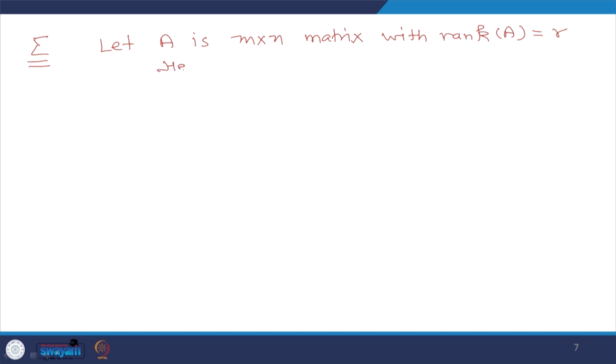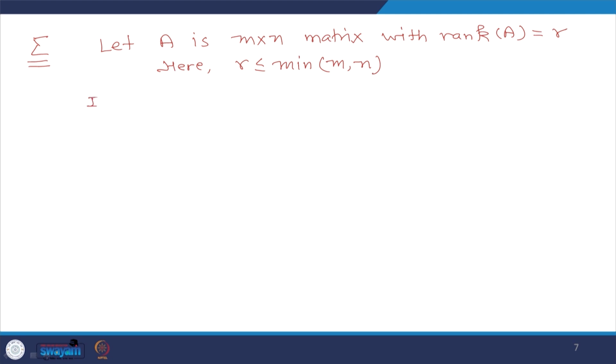Now, how to write sigma? So, let A be an m by n matrix with rank of A equals to, let us say, r. So, here r will be less than or equal to the minimum of m and n.